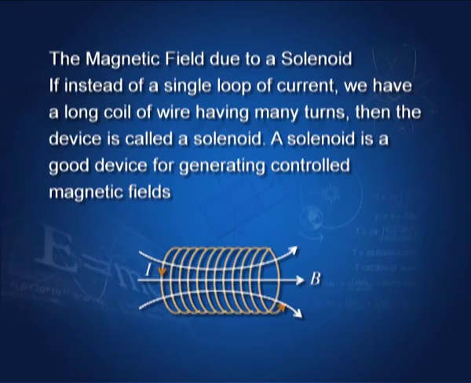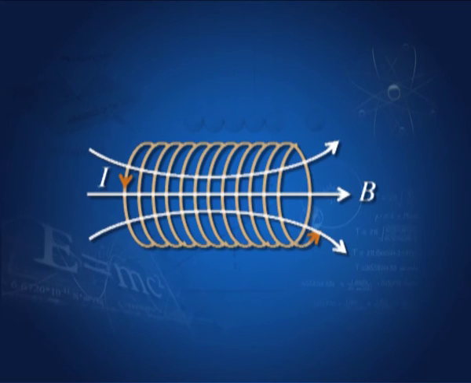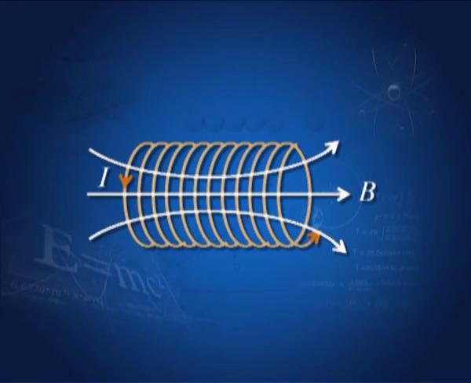So, let us now take the magnetic field due to a solenoid. A solenoid consists of several loops carrying the current, and if we use the fact that there are now several loops one after the other and draw the lines of force due to each of these loops, then what happens? We find that the magnetic field at the center is reinforced.